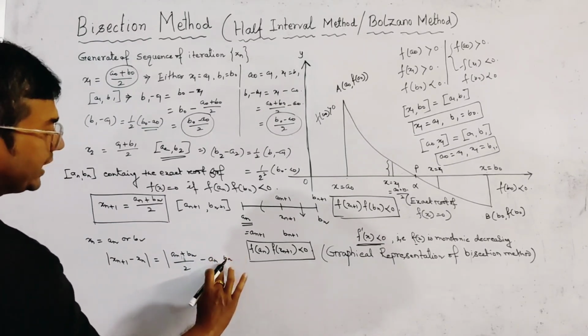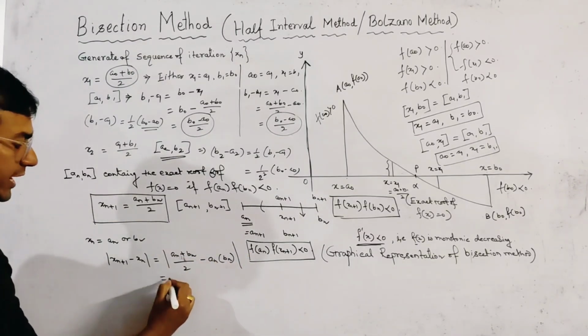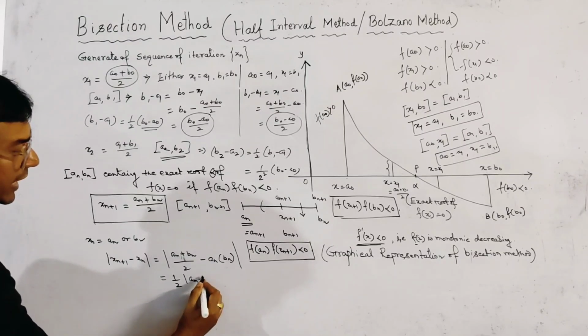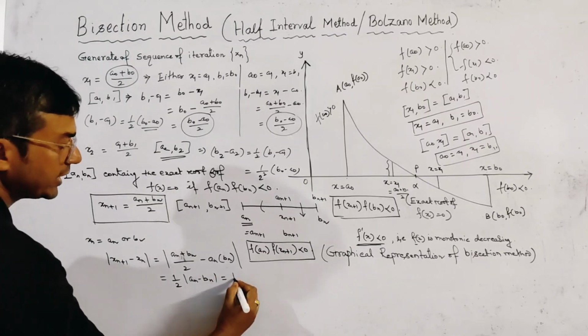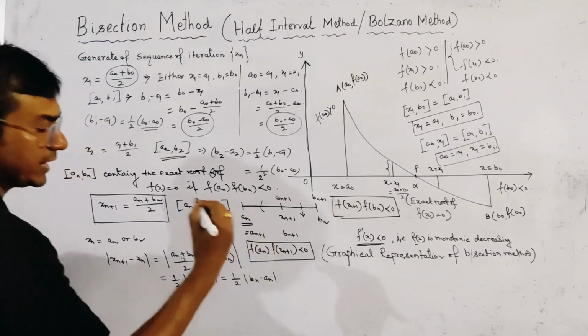We put any one of them, an or bn, and we get the same result, half into mod of an minus bn, or we can write half into mod of bn minus an.